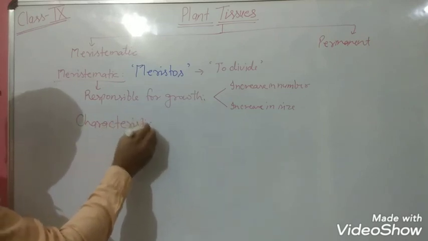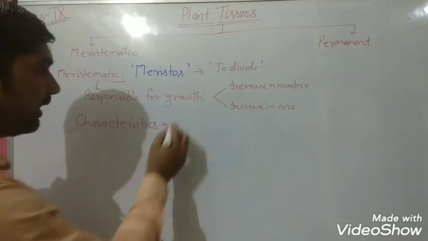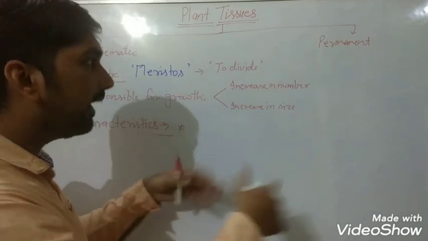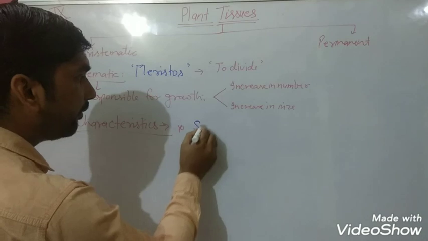So we will see here what the characteristic features of a meristematic cell are. The first one is what? Since these cells are going to divide and divide all the time, their size will be small.